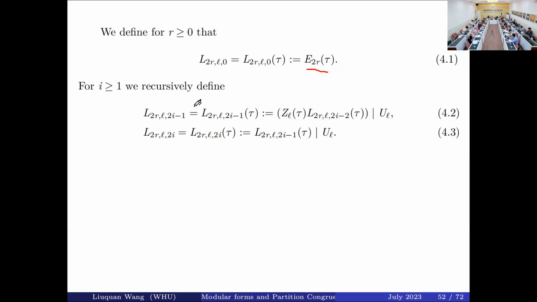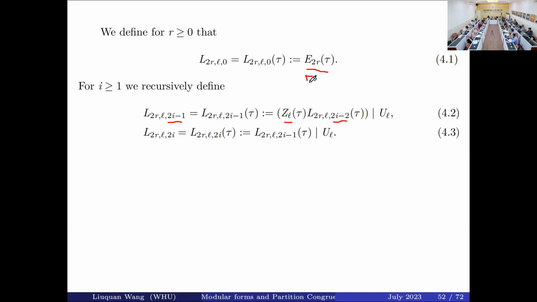Then for i greater than or equal to 1, we recursively define the next function. L_{2i-1} is defined from L_{2i-2} times Z_L.